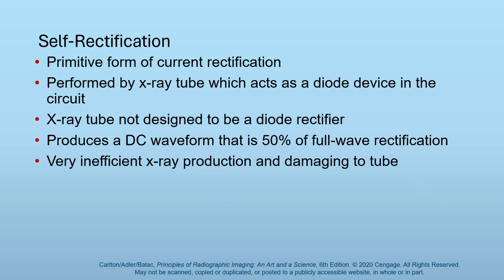The X-ray tube can totally do that, but what happens is that the filament, 60 times a second, would become positively charged, then negatively charged, then positively charged, then negatively charged, then positively charged, then negatively charged. And so the filament in the cathode of the X-ray tube would effectively start acting like a transformer.